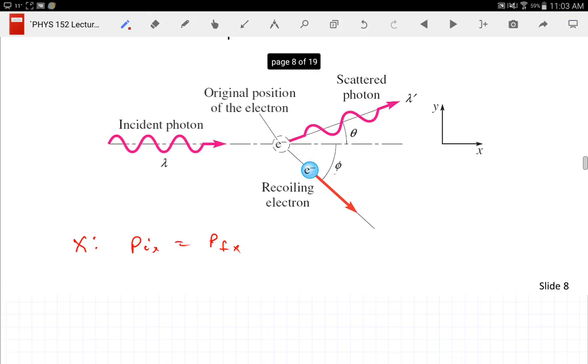And then I look at this and I say momentum. What's the momentum for a photon? Well, when we studied the electromagnetic waves, we learned that they carried momentum that was equal to their energy divided by, well, for a photon, what's the equation for the energy?